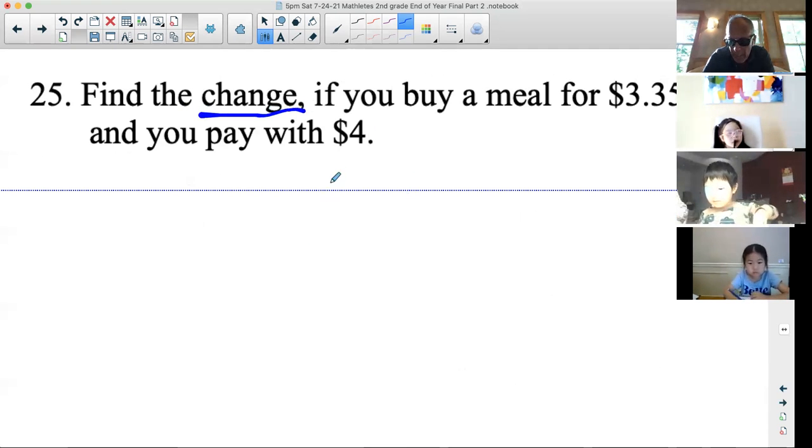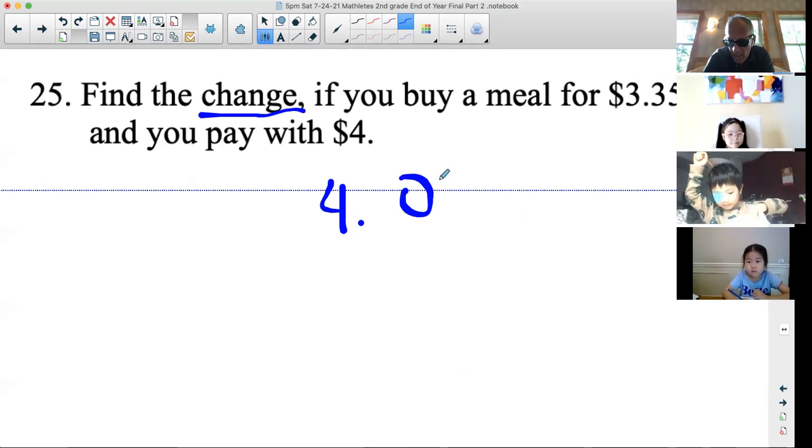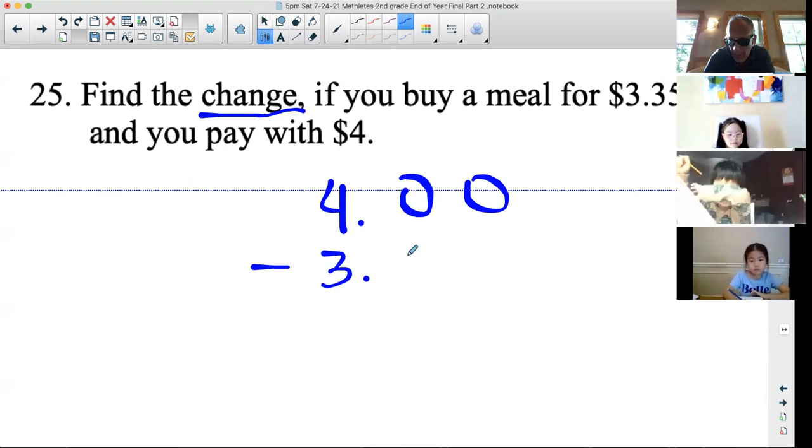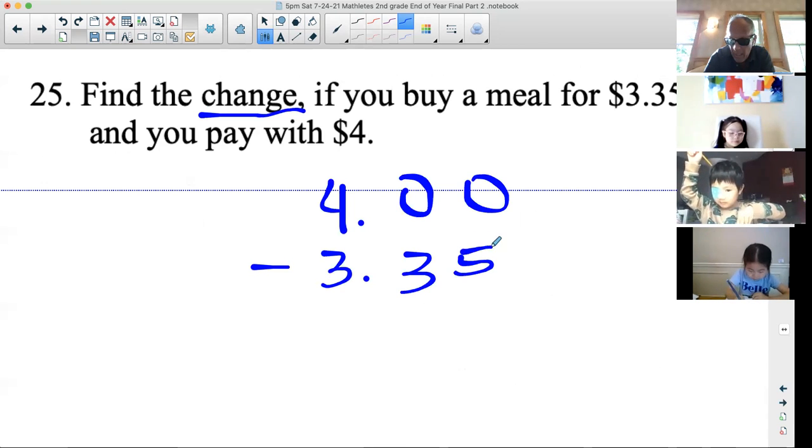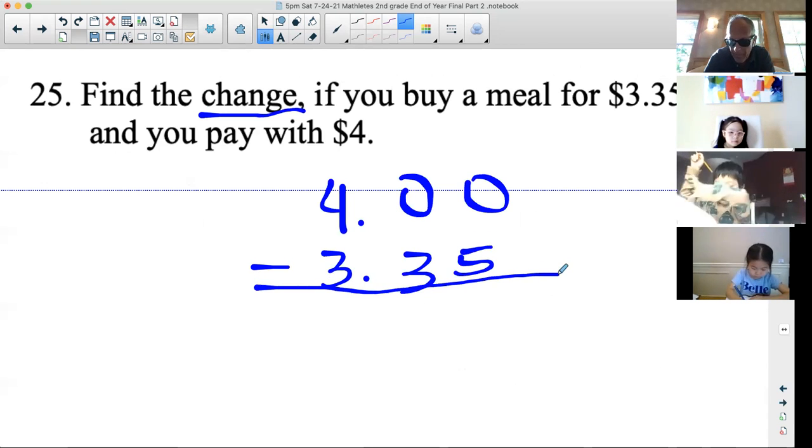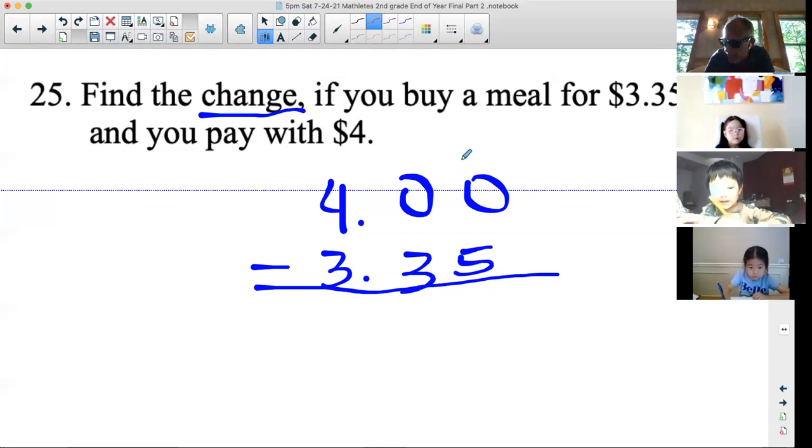So remember, it's $4 minus $3.35. Everybody write that down. What you should be writing down right now is 0 is too small for 5.